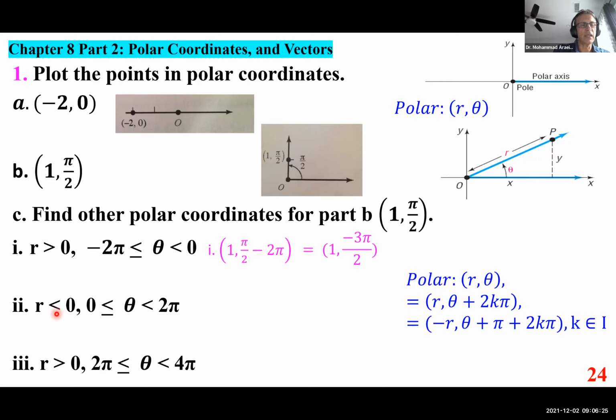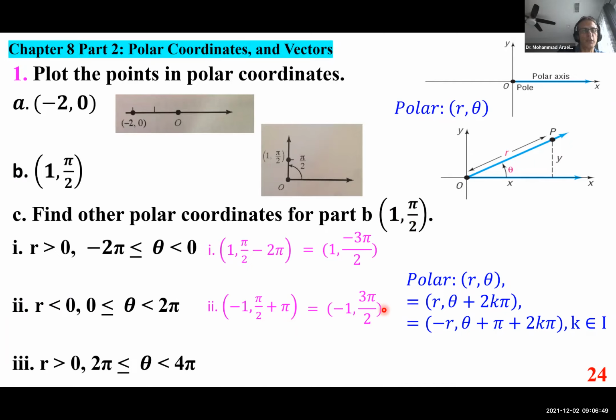In this case, we said we need r to be negative. So you're going to change this to negative. But going back here, how do you make it negative? Then you need to add odd multiples of pi. For example, you can just add 1 pi. So if you add pi, you get -1 comma 3 pi over 2.